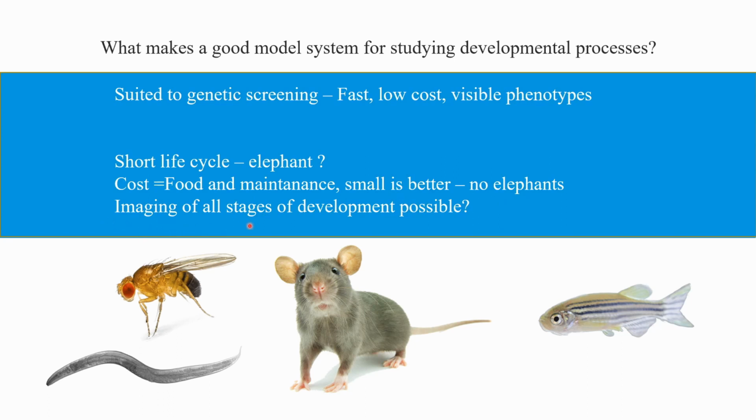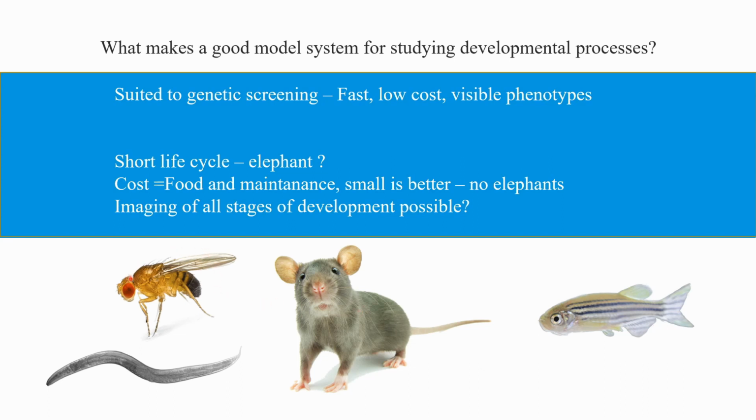Another question that has been very important is, are all stages of development possible to image? Can we monitor what's going on at all stages of development? And to a certain extent, all of these models you can, but for example, with the mice, the embryos are still in the mother, so they need to be removed traditionally if you want to look at them.